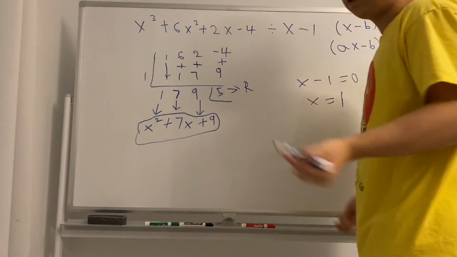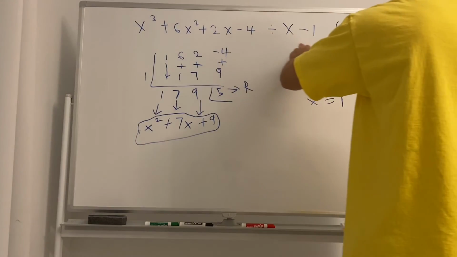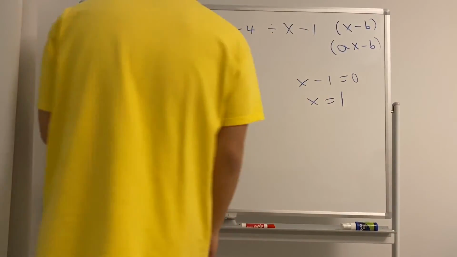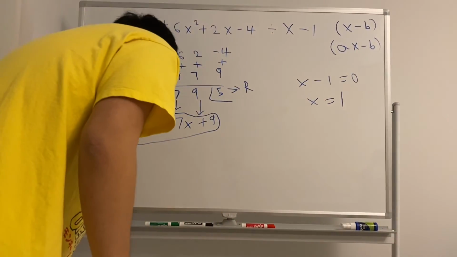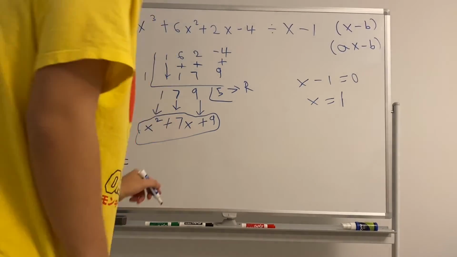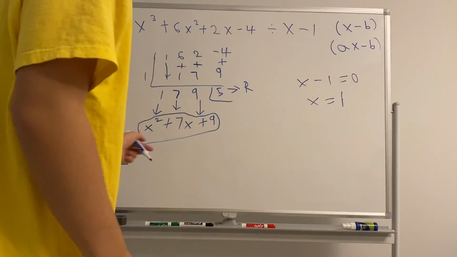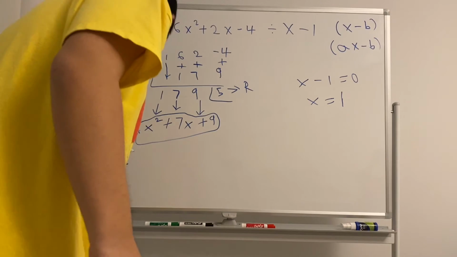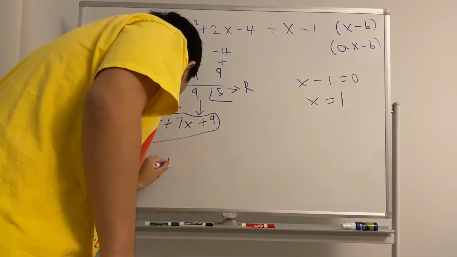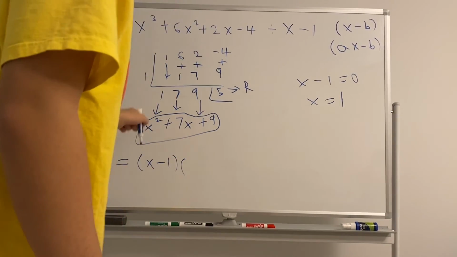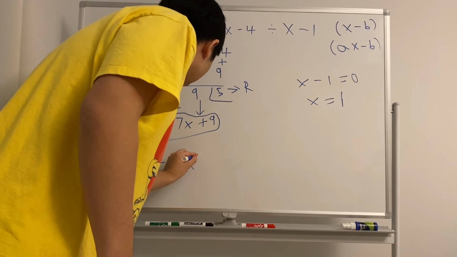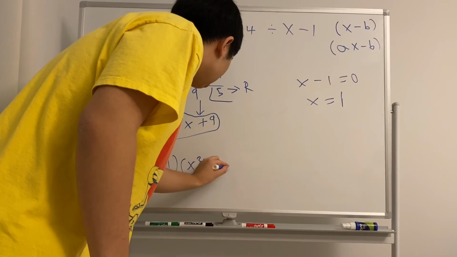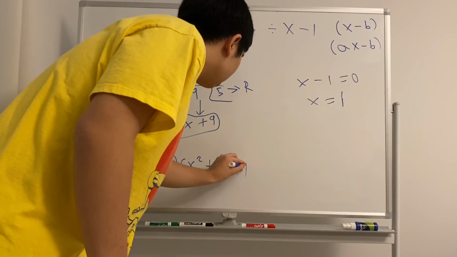If you want to write the full answer, this whole thing is equal to, as in the long division problem, you include what you're dividing by. So we can say x minus 1 times x squared plus 7x plus 9.